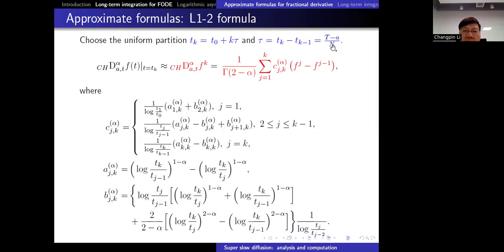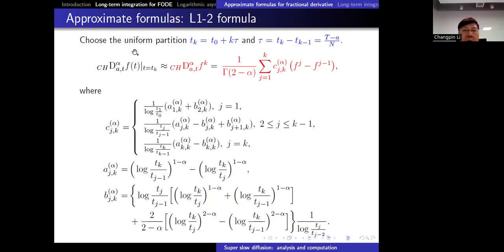We want to find its value at the node tk. Its value can be approximated by this summation with coefficients given as follows. Here we can see this partition is uniform.